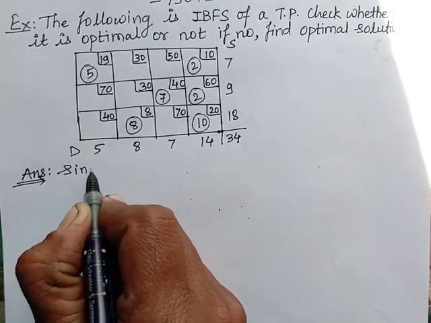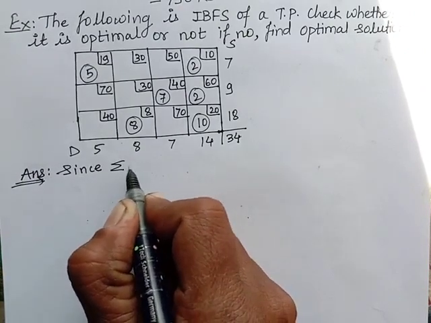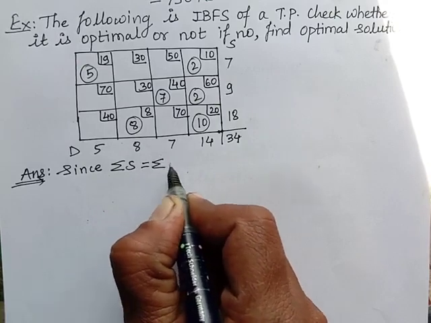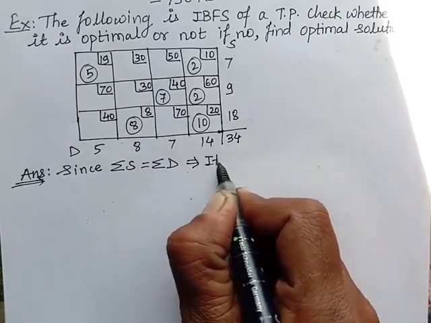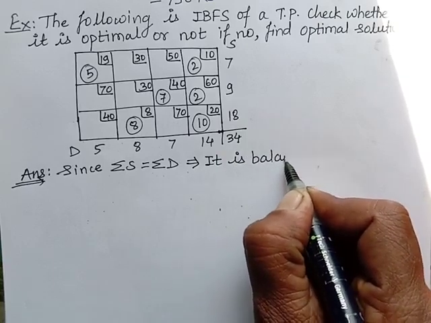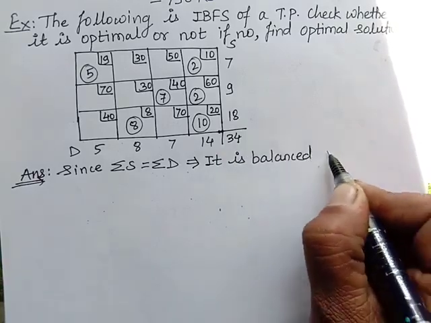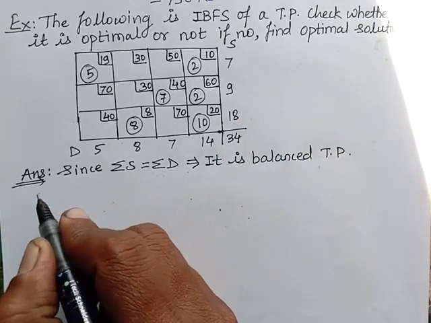Since summation supply equal to summation demand implies it is balanced transportation problem. Fine.